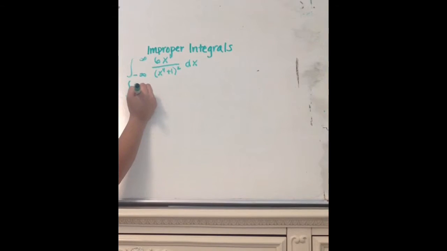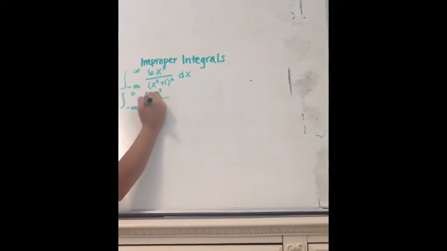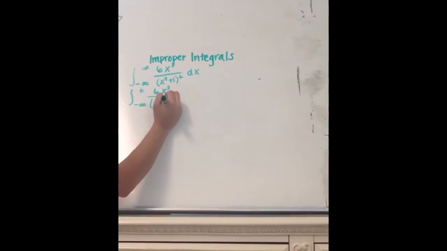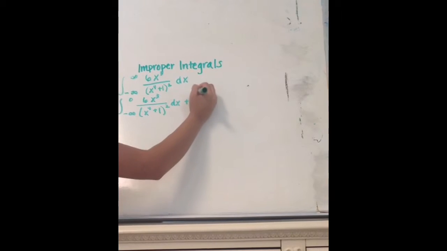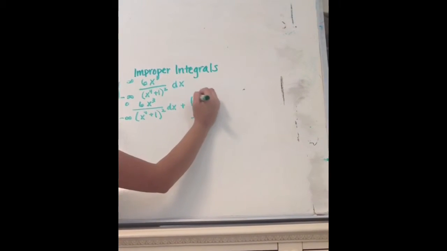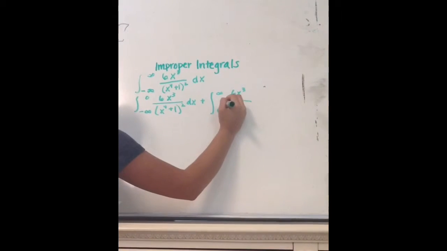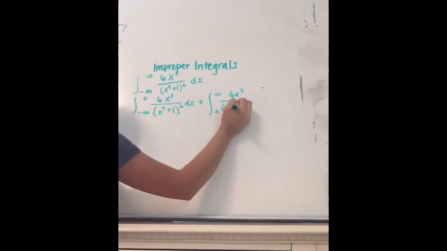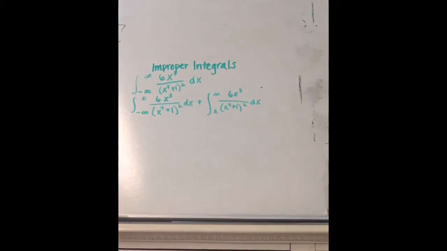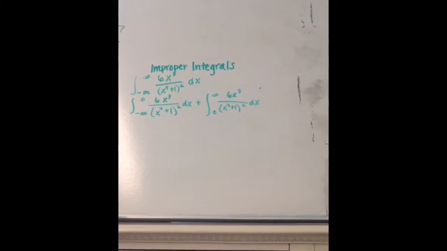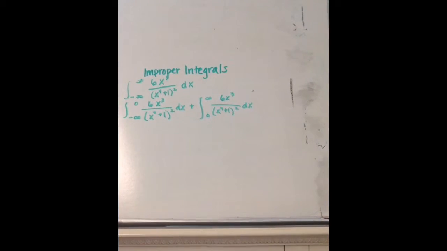So negative infinity to 0, 6x to the third over (x to the fourth plus 1) squared, plus 0 to infinity, 6x to the third over (x to the fourth plus 1) squared. Again, we can't have negative infinity or infinity as limits of integration, so we'll use limits.